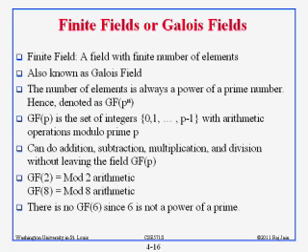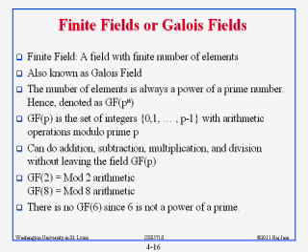So if n equals 1, then GF(p) is a set of integers with arithmetic operations modulo prime p. You can do addition, subtraction, multiplication, and division without leaving the field GF(p). GF(2) has 2 members, 0 and 1, and you can do multiplication, addition, subtraction, and the result will come out 0 or 1.